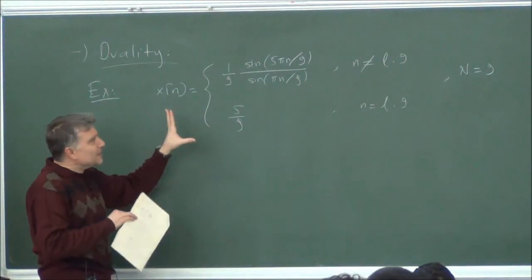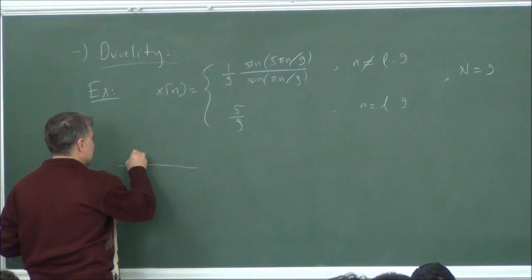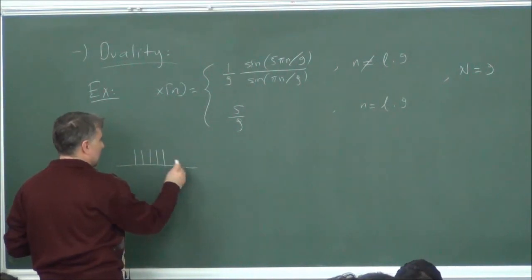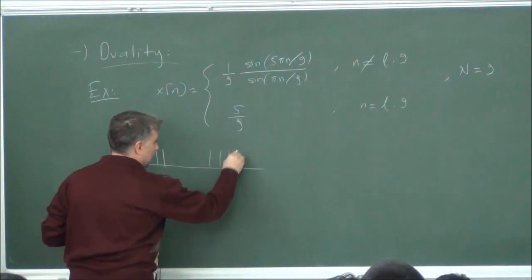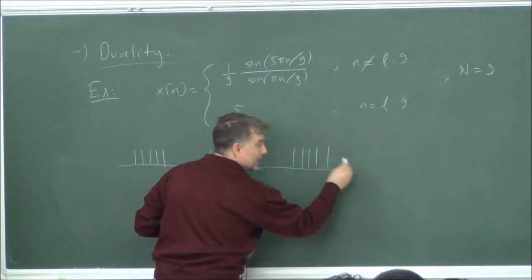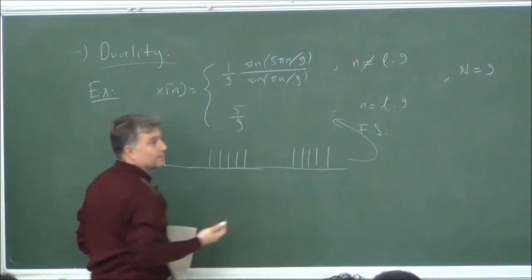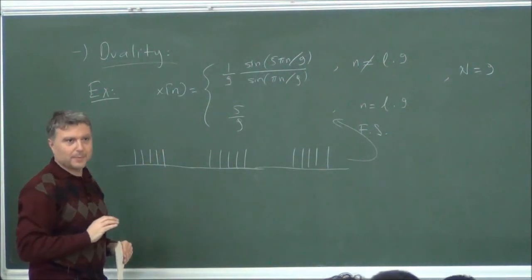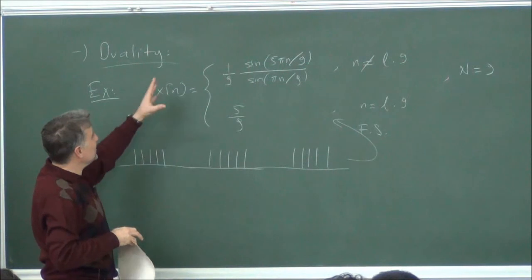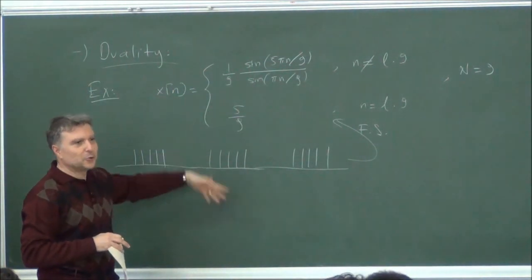So immediately you expect that if the rectangular thing periodic will have the Fourier series coefficients like this somehow, then the Fourier series coefficients of this thing must be like this. That is the duality.